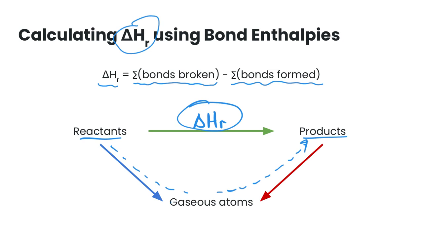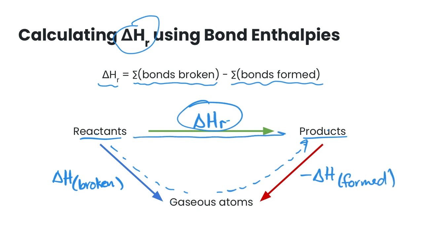This is all of the delta H's of our bonds that are broken. Then we'd go from our products to our gaseous atoms, so we would be subtracting the delta H's of all of the bonds that are formed. That will give us our direct route, our delta H of reaction. So essentially, it is a Hess's law problem again, just with making and breaking bonds instead of some of the other examples we've seen.